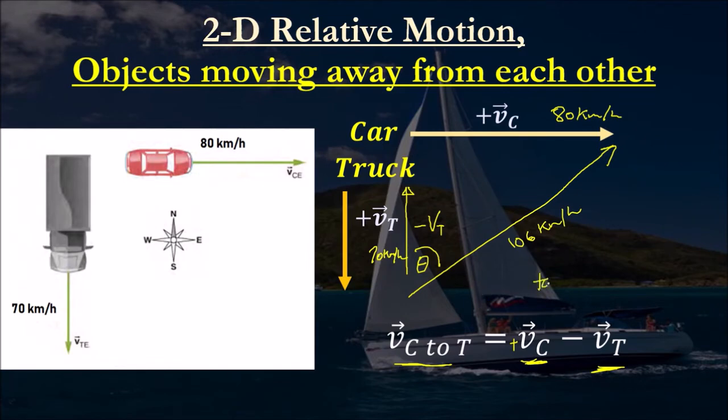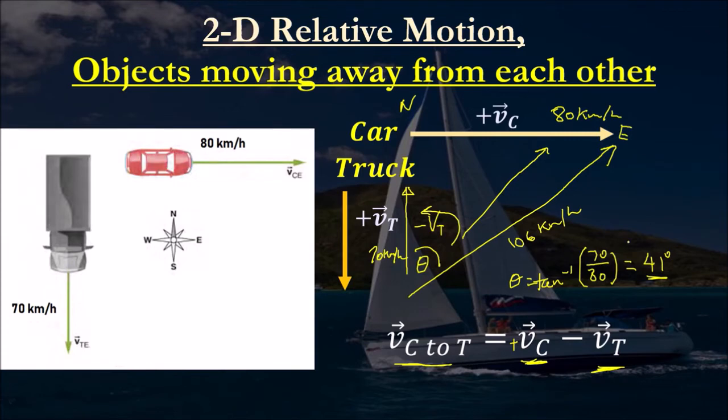And so if we look at it, tan inverse is we have the adjacent side and we have the opposite side. From before we found that that number was about 41 degrees. But as you can see, that 41 degrees doesn't imply the same direction though. Okay, because the truck is going north and the car is going east.